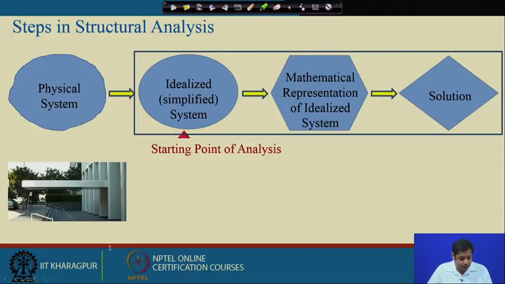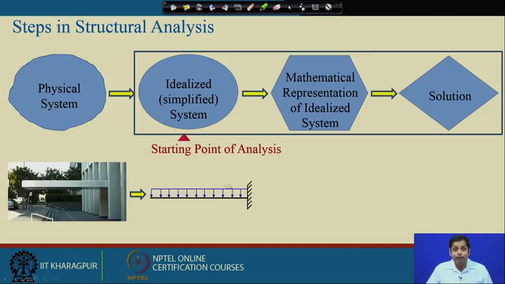The entire structure is not shown here because of the space. Suppose I want to analyze this cantilever portion. This is the physical system. The idealized system will be a cantilever beam subjected to a uniformly distributed load, and the uniformly distributed load is the self weight of this beam.